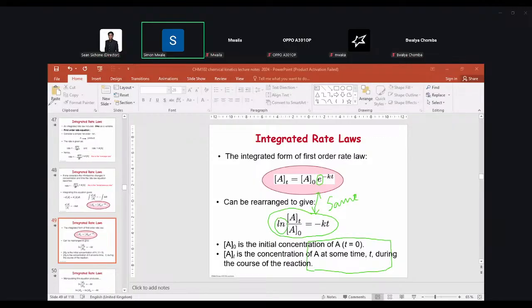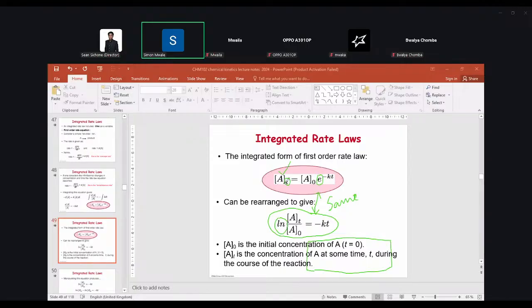Now, this equation is very important because it helps you to find out how much of the A will remain after a certain time of reaction has occurred. How much of the A has remained.